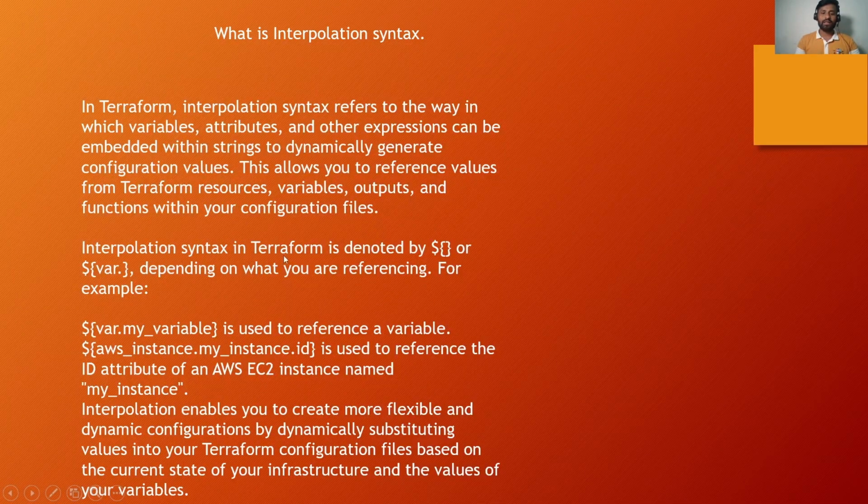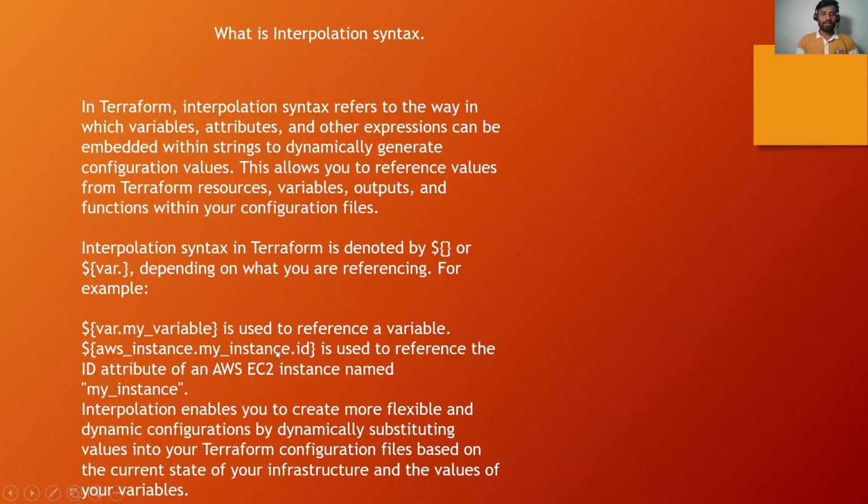Interpolation syntax in Terraform is denoted with symbols like a dollar, then open curly braces and close curly braces, or ${var.} with closing curly braces. Then depending on what you are referencing, for example, ${var.my_variable} is used to reference a variable.